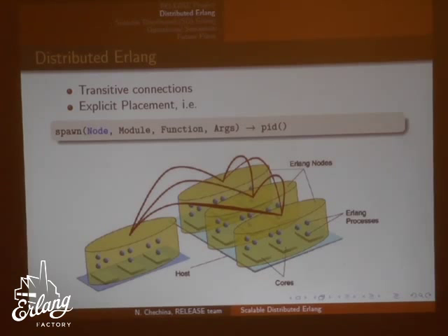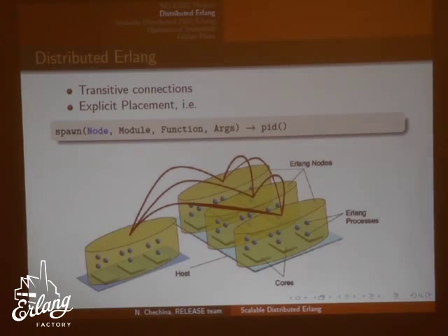So distributed Erlang, if you look at the picture, the blue ones are hosts. Then we have yellow nodes, and these rectangles over here are cores. And then we have processes. And we have transitive connections between nodes, which means that all nodes are interconnected with each other.